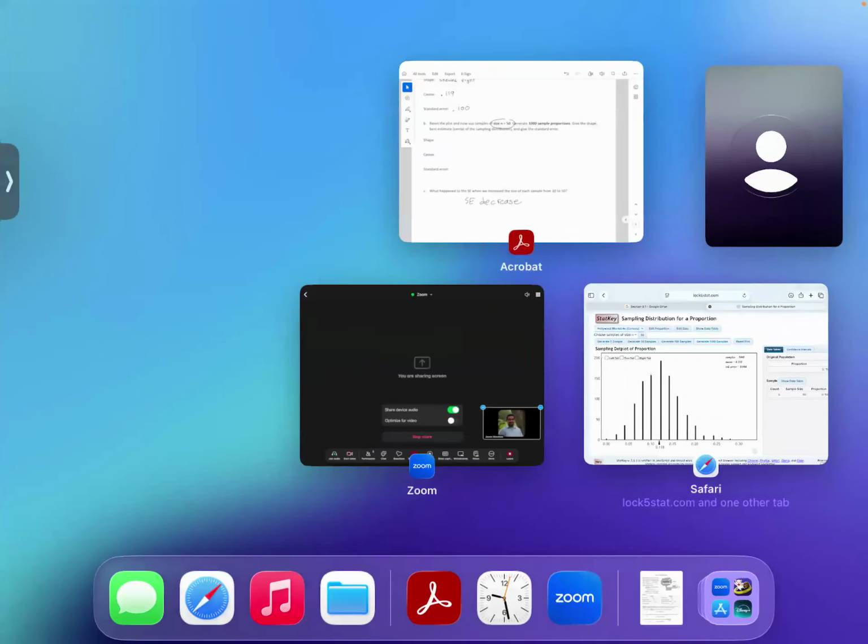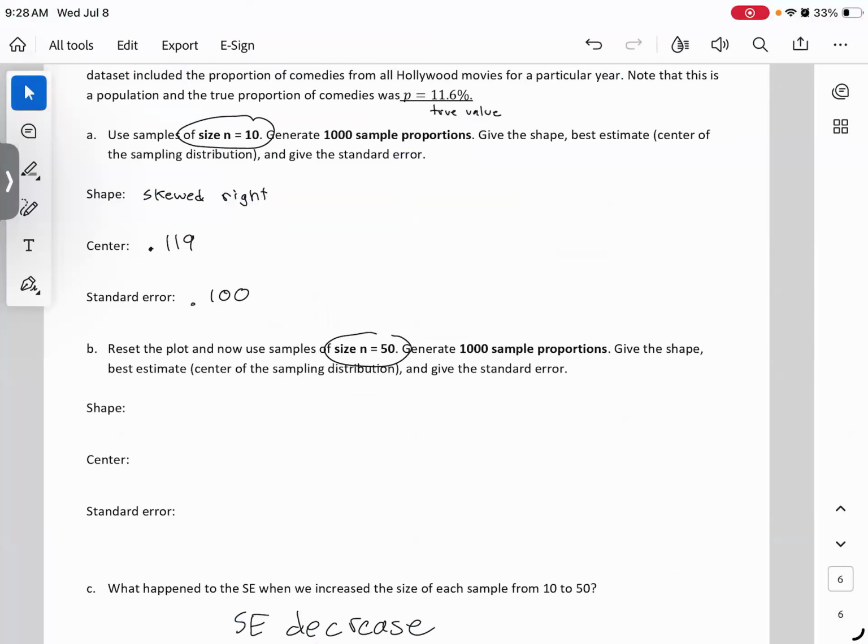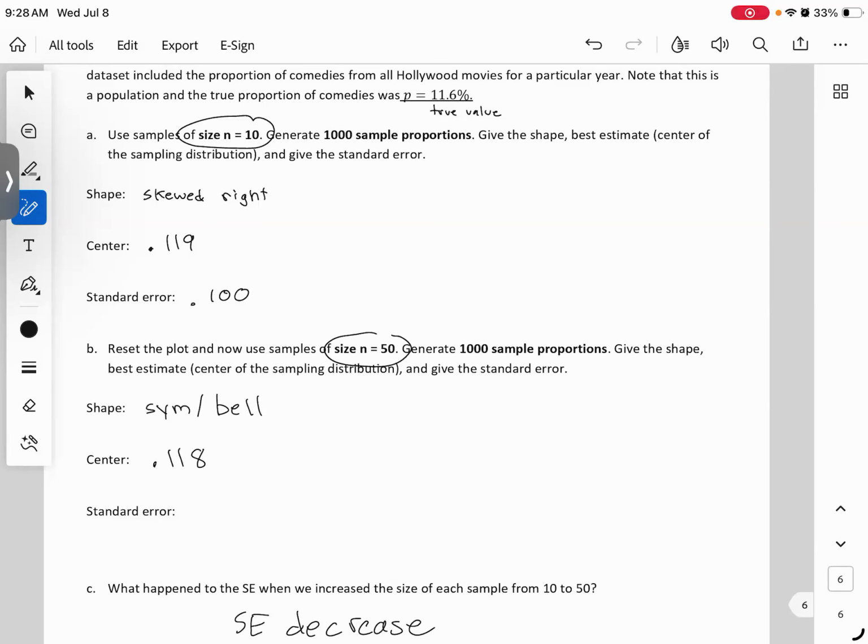Again, the main thing that I want to stress here is that whenever you do larger sample sizes, it will help you get smaller intervals, or better estimates, a tighter window of estimates. Symmetrical, bell shaped, 0.118, and then 0.044.